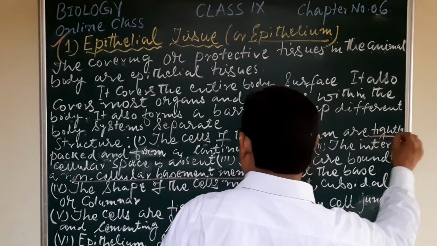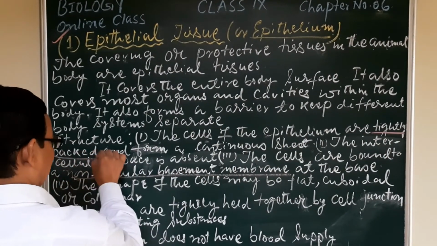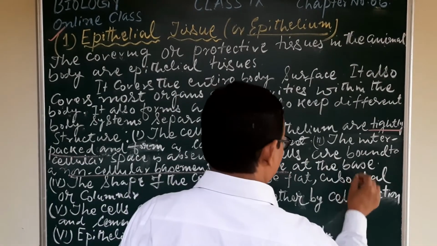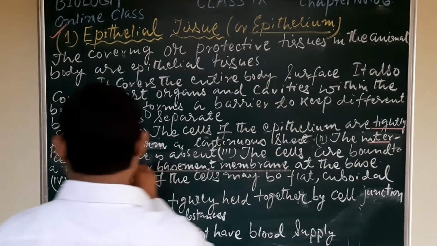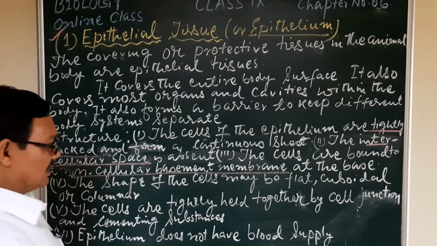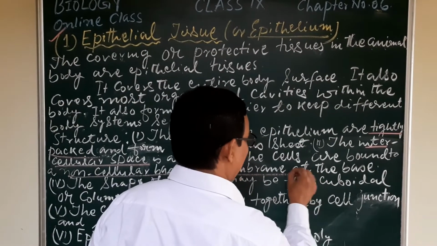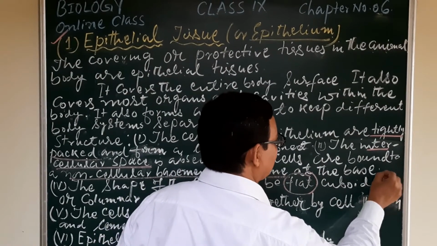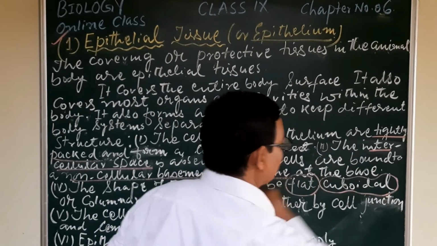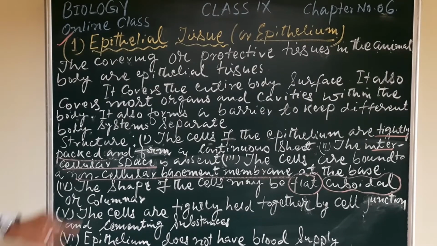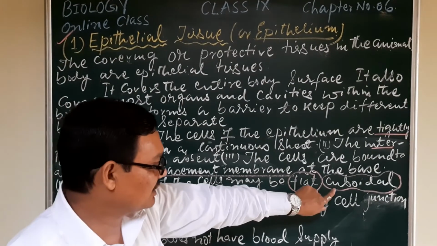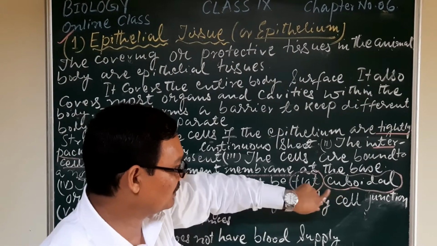Cells are tightly packed, and there are no intercellular spaces, and the shape of the cell may be flat, cuboidal. When we study its different types, the types depend also upon the shape of the cell.